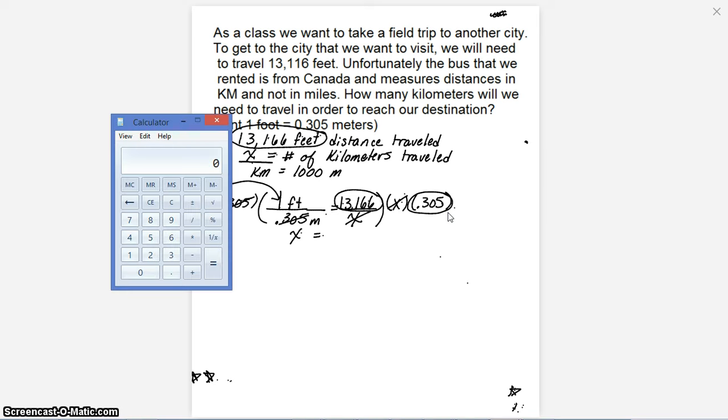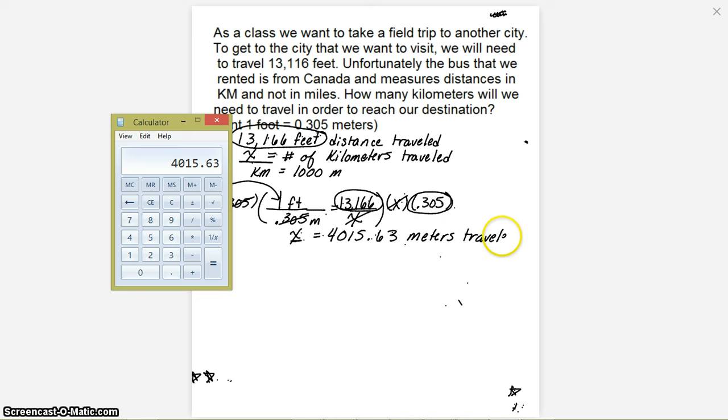So let's do this. 13,166 times 0.305 is 4,015.63. And since x is already by itself here, I don't have to do anything else. This is just the meters traveled.